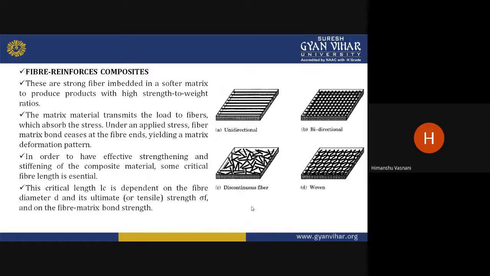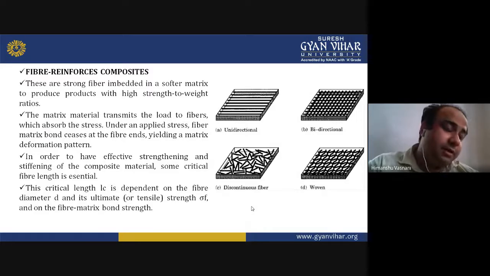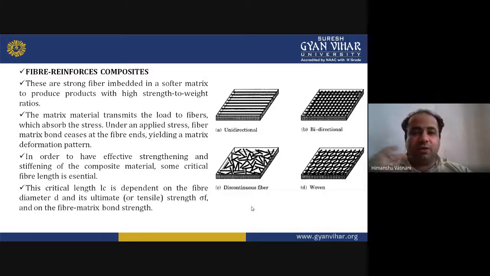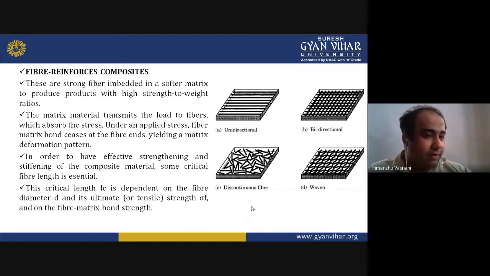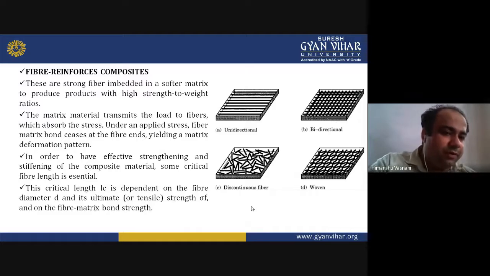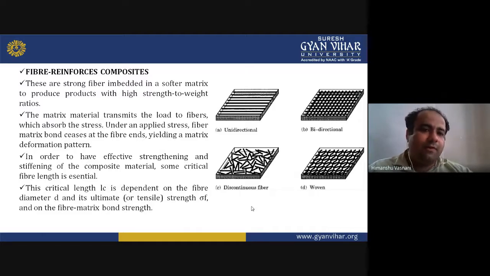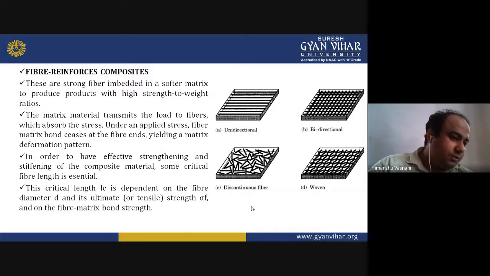Under an applied stress, the fiber matrix bond increases at the fiber ends, yielding a matrix deformation pattern.